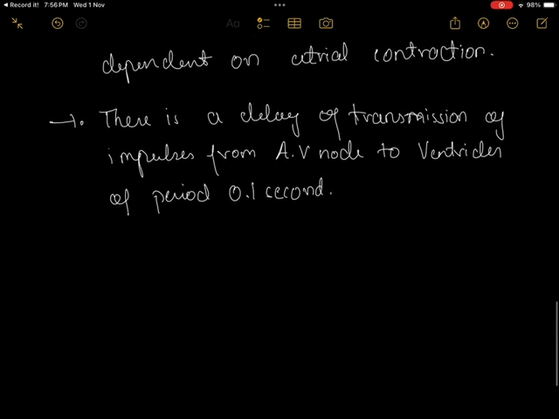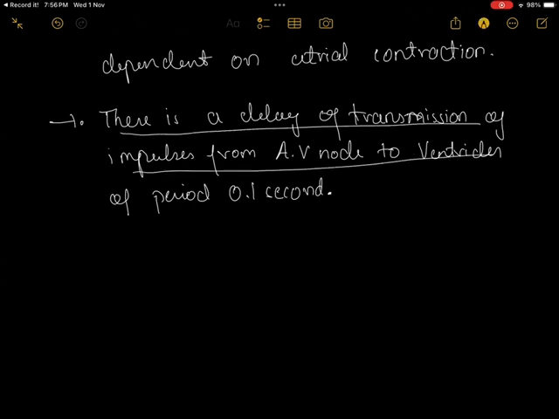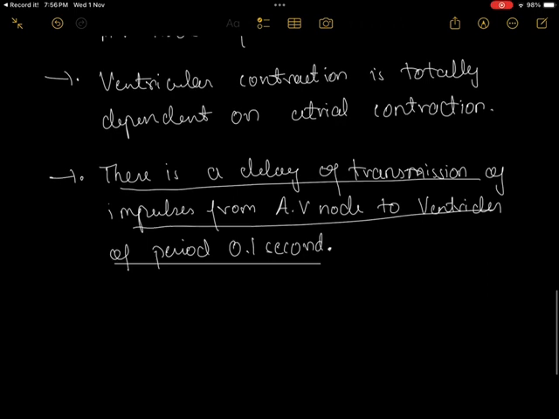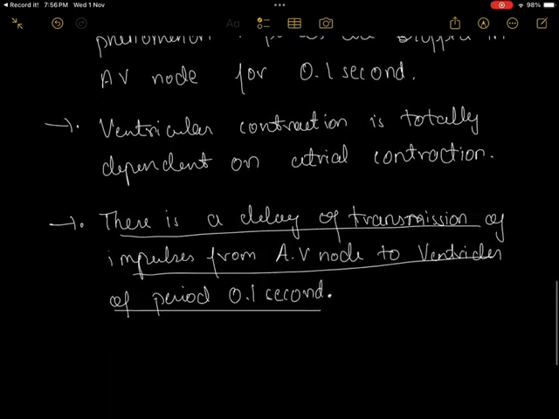This is the phenomenon: there is a delay of transmission of impulses from the AV node to the ventricles of a period of 0.1 second.